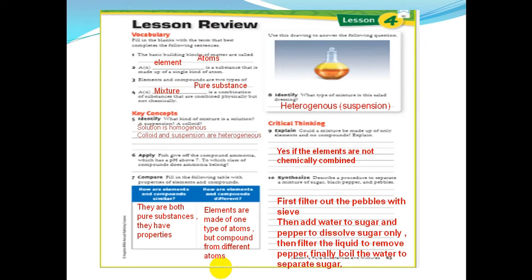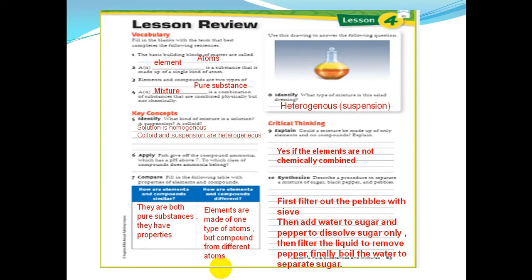The pebbles stay up. So now you have sugar and pepper. You took out the pebbles. You can even pick them by your hands if there is no sieve. Then add water to the sugar and pepper to dissolve sugar only. When you add water, only the sugar will dissolve, but the pepper will not, because it doesn't dissolve in water. Then we will use the filter paper.